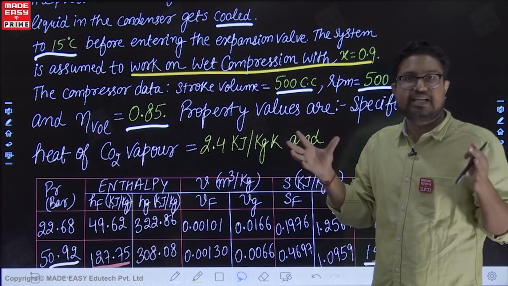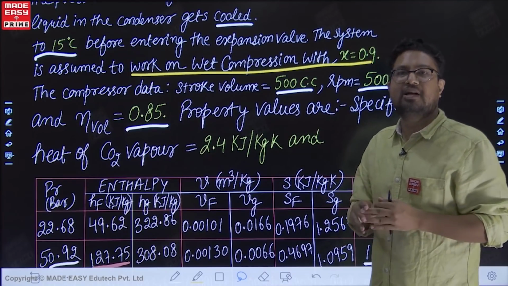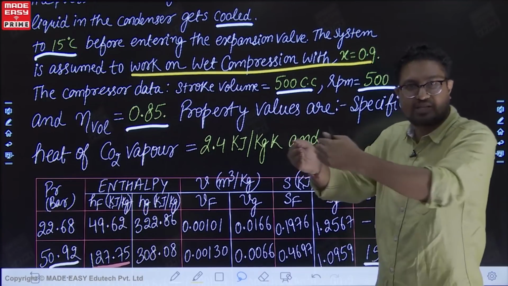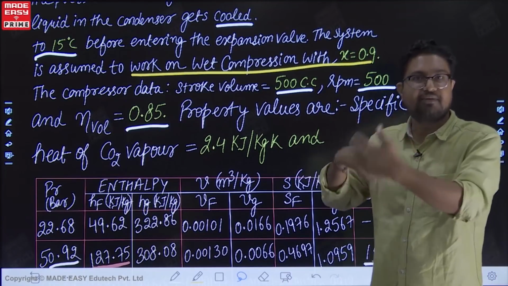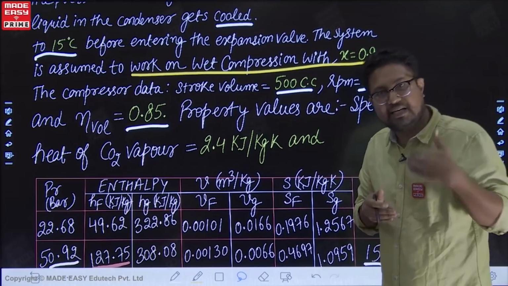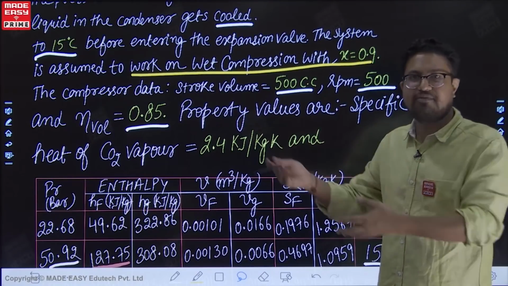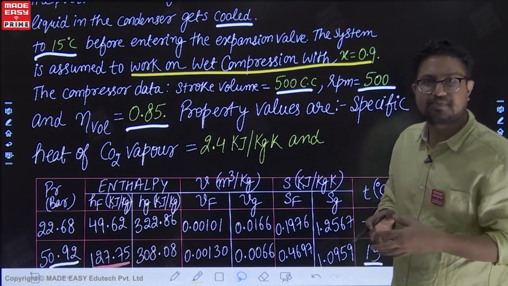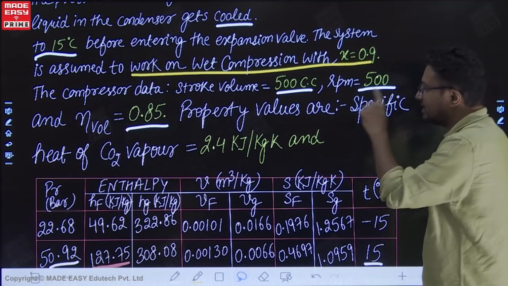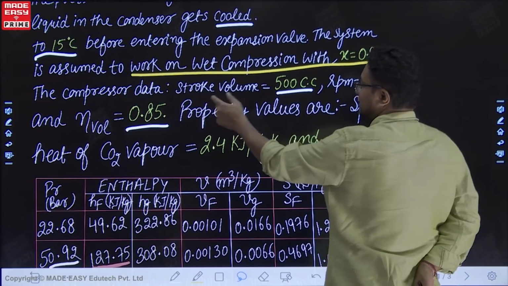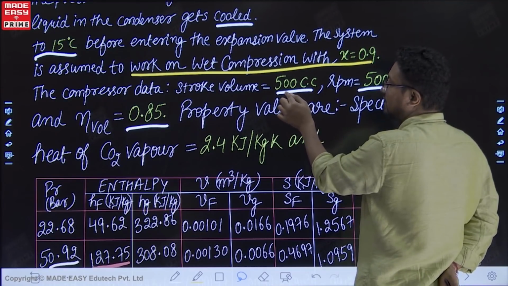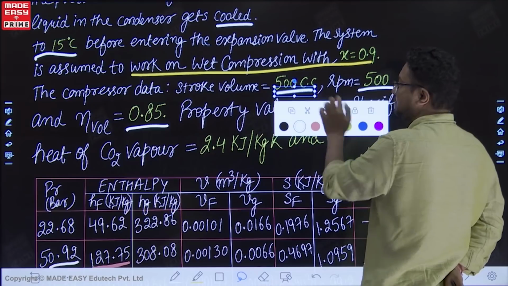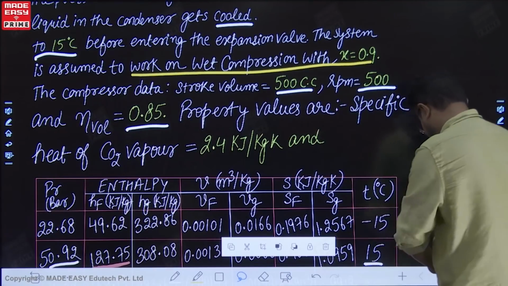In a reciprocating compressor, in one revolution there is one suction stroke: half of the revolution goes in the suction part, then the other half is the compression and discharge part. So in one revolution, this much volume can be swept: 500 centimeter cube, 500 cc.